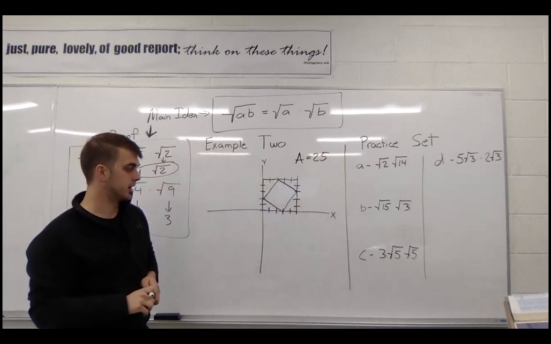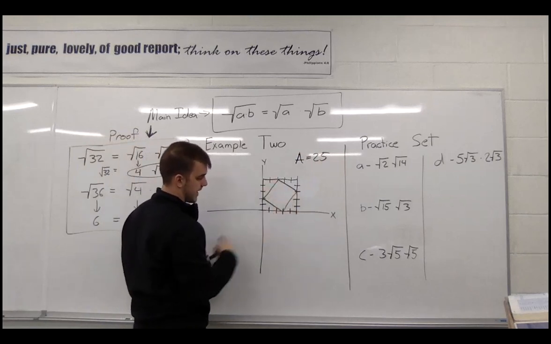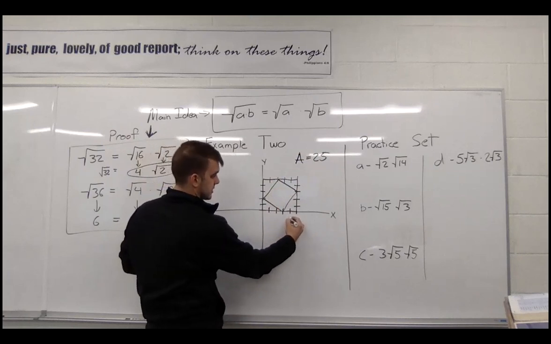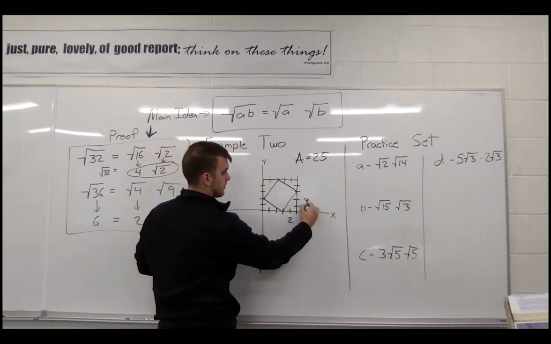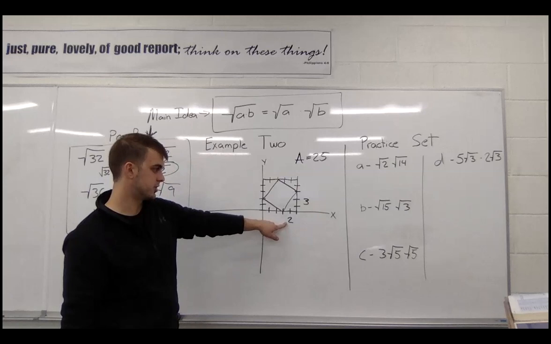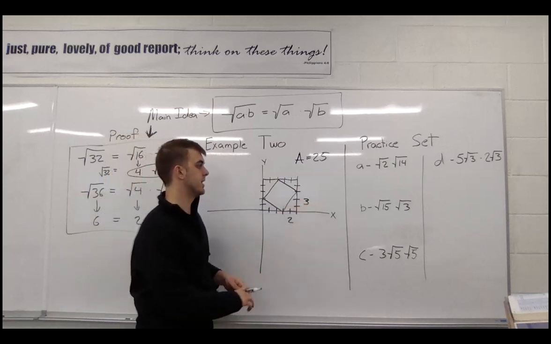Now the smaller one, you're like, well, how do I figure it out? Because these lines right here are not exact. Well, you can use a squared plus b squared. This is 2 blocks, and this is 1, 2, 3 blocks. So a squared, which is 2 squared, plus 3 squared. 2 squared is 4, 3 squared is 9.